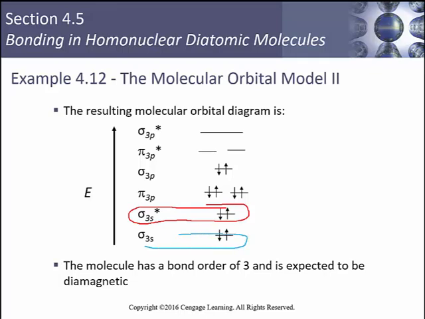So we've got 2, 4, 6, 8. So we'll have 8 minus 2 over 2. So we're going to have 6 over 2, which is equal to 3, which is bigger than 0. So it's expected to exist and be diamagnetic because they're all paired.